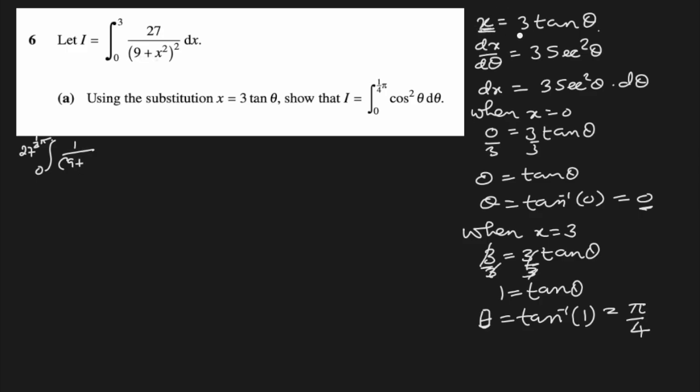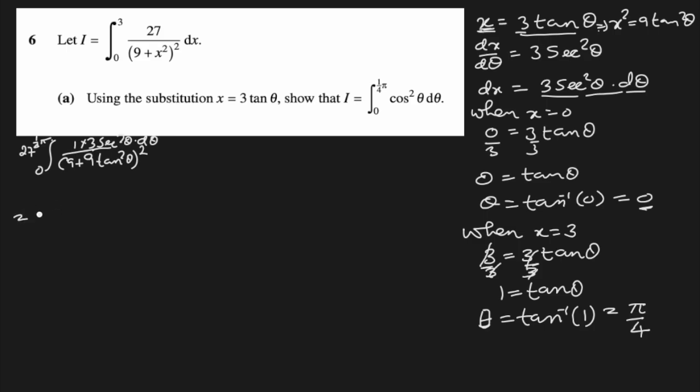If x is 3 tan theta, then squaring both sides, x square is 9 tan square theta, as it is also squared. And then dx is 3 secant square theta d theta.